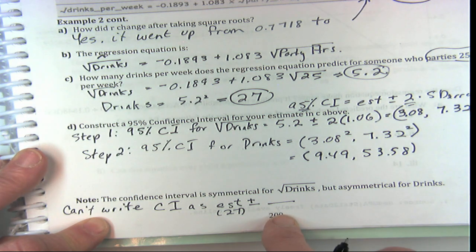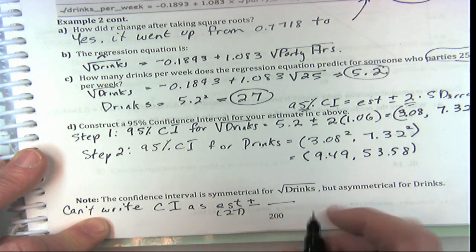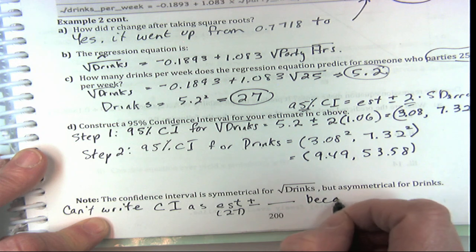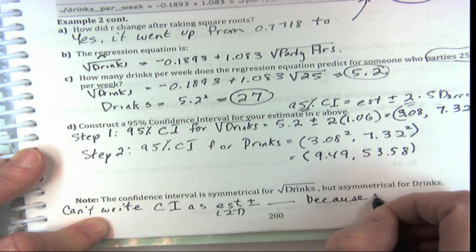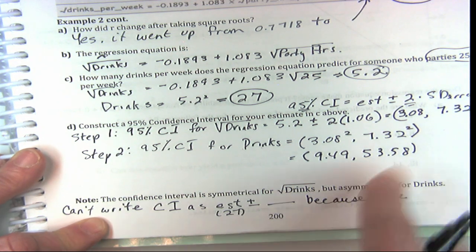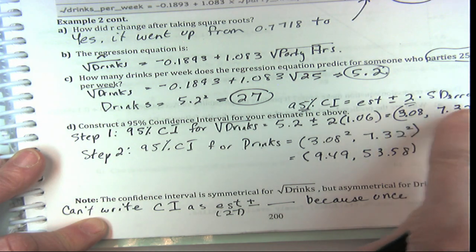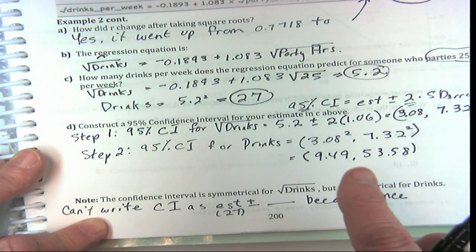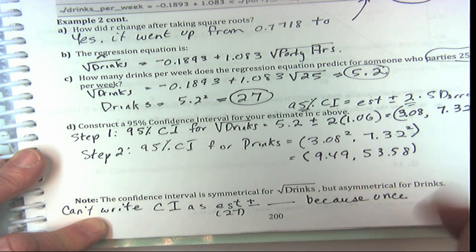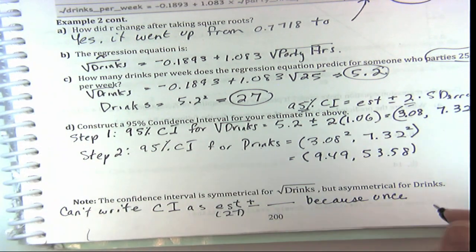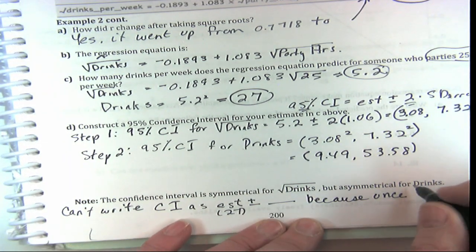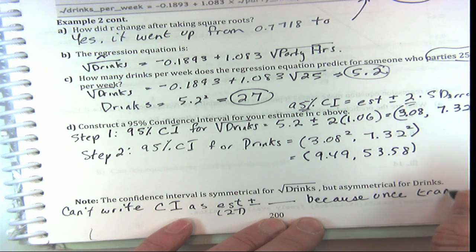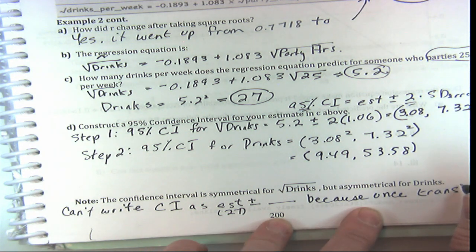Because, and this is the key, once you transform the variable and figure out the error for the transformed variable, then when you translate it back, we don't have symmetrical confidence intervals anymore.